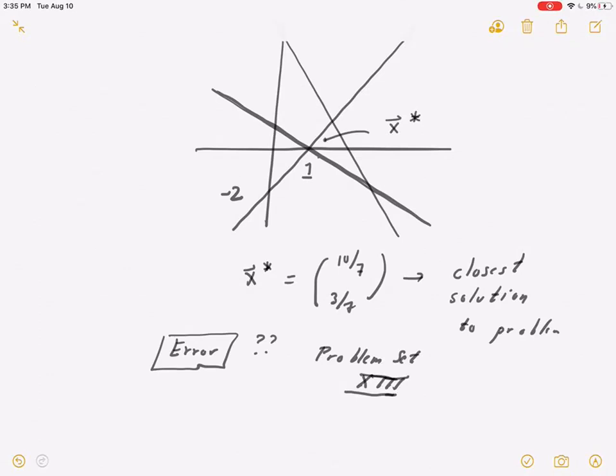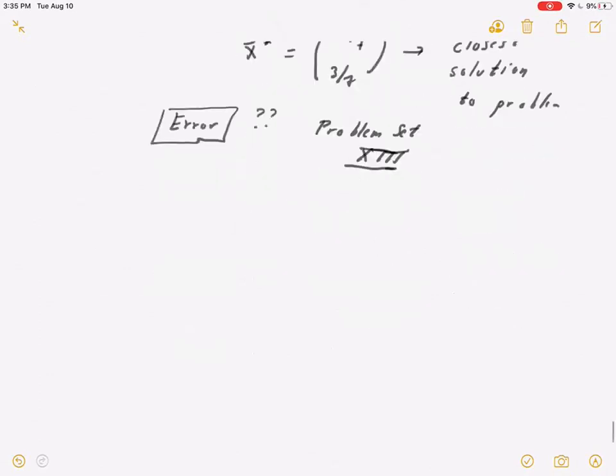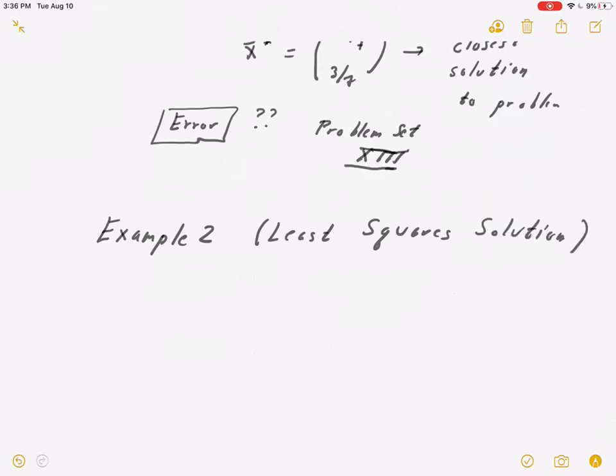So let me conclude today's lecture with the second and final problem. Example 2 of how the least squares solution to a problem is useful.